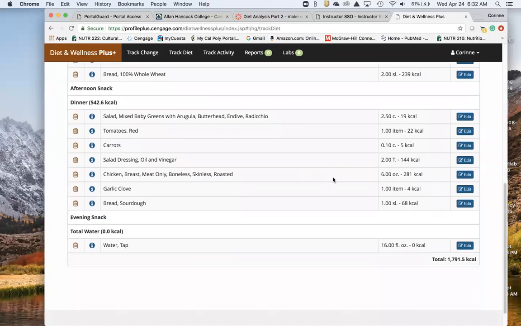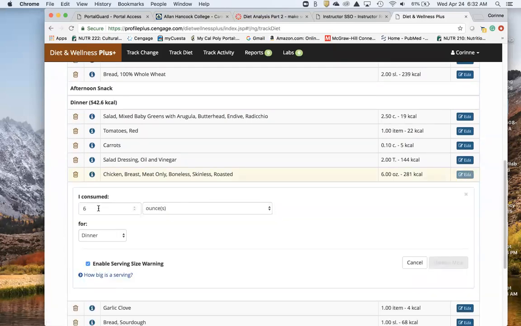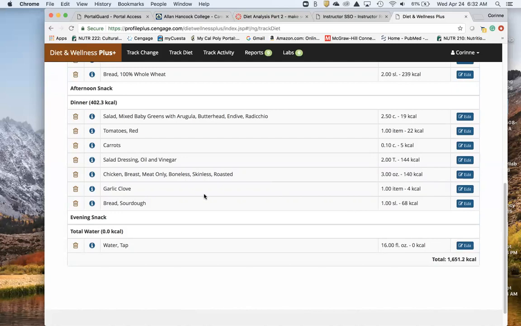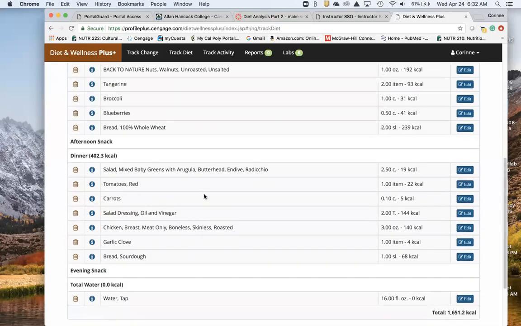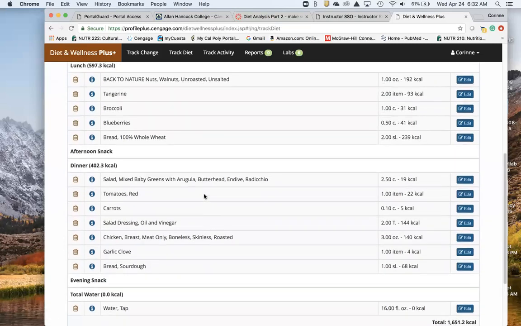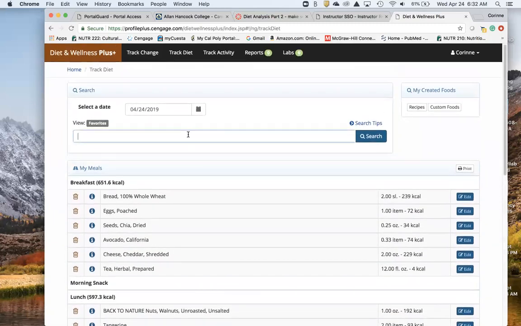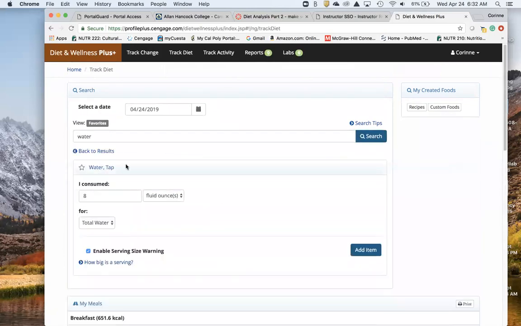I know a big source of my protein was the chicken. And so instead of 6 ounces, I'm going to change this to 3 ounces. I think adding the whole wheat bread will help me get more fiber, so I should have met that. I was low on my water, so I'm going to add more water. And I think I need at least 16 more ounces of water.